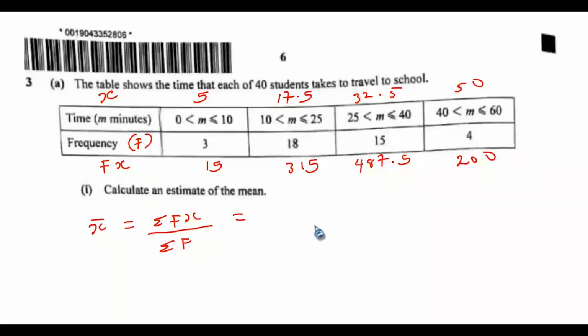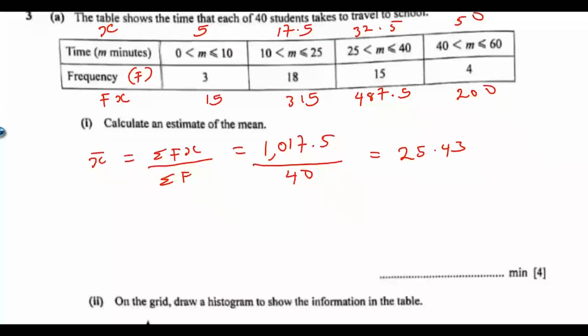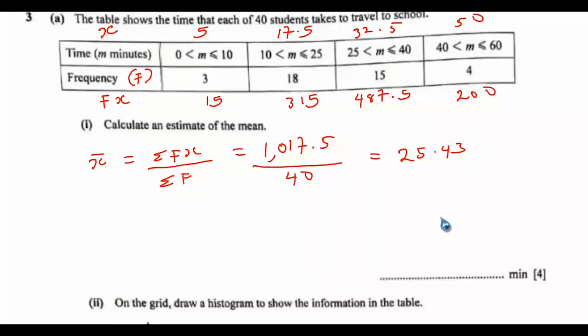If you do this, you should get 1017.5 over the summation of the frequencies, which should be 40, as given above. If you divide this by this, you should get 25.43. That would be the mean, and you can write it as 25.4 to 3 significant figures.